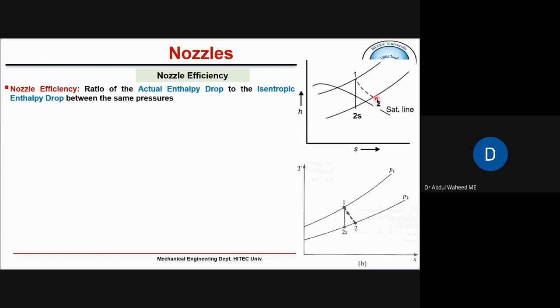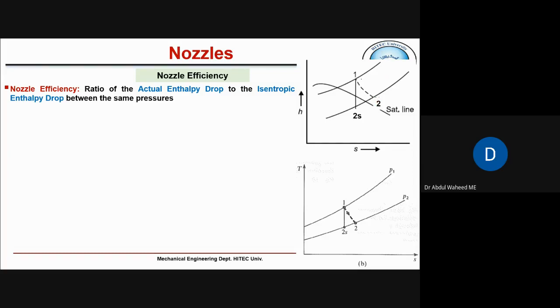So here, how we define nozzle efficiency, it is the ratio of actual enthalpy drop. Actual enthalpy drop is H1 minus H2, divided by the isentropic enthalpy drop. Here you can see isentropic enthalpy drop is more, 1 to 2s. The magnitude or the difference between 1 and 2s is more than the difference between 1 and 2.